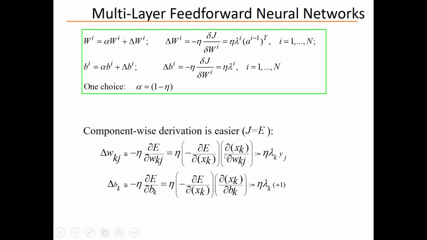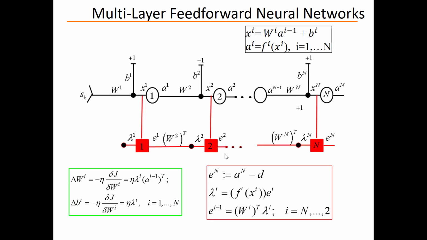So this is just giving you a way of how this network, the other red network, the shadow network, the sensitivity network, the backpropagating network, all these terminologies are the same, is derived. This is basically backpropagation, which is a two-phase process.